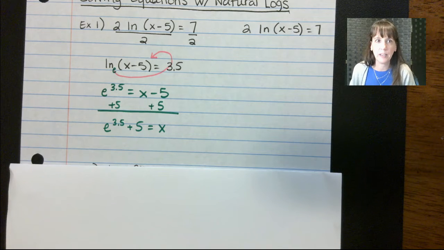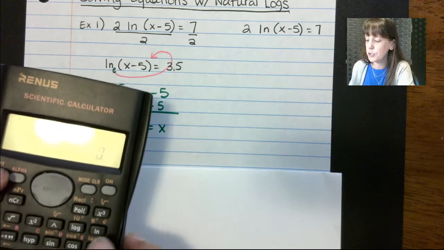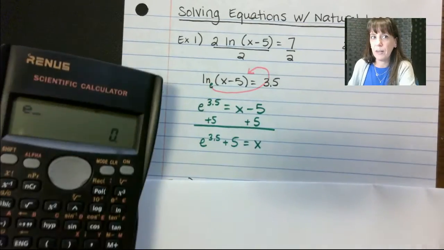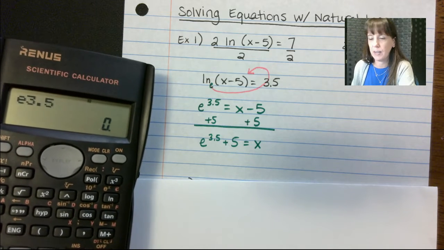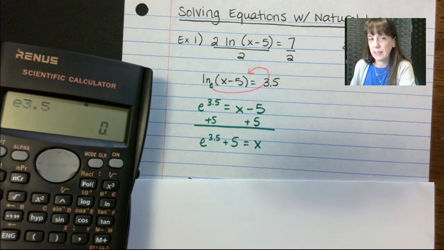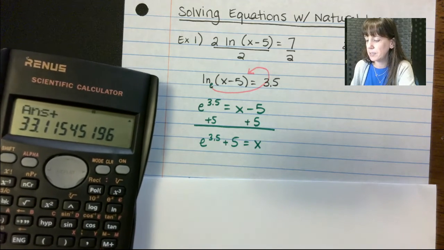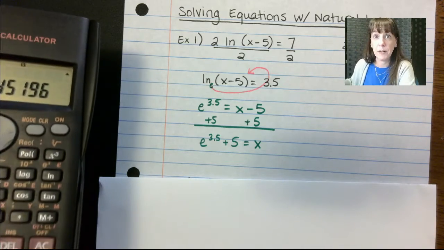Let's take a peek. On mine, I hit shift and my natural log here, and then 3.5. I don't have to put a caret for mine, though you might have to. That gives me 33.1. Then all I have to do is plus 5, making sure that I'm paying attention to my order of operations.